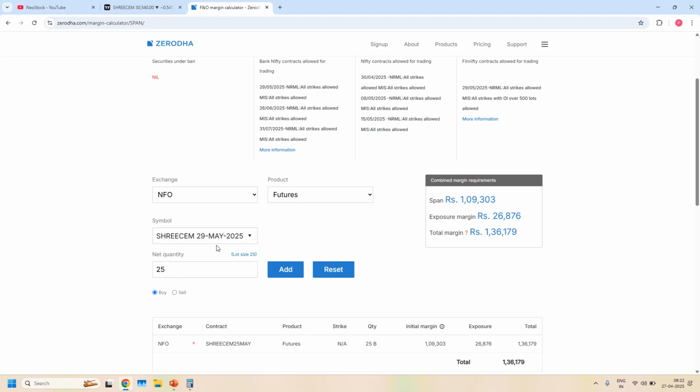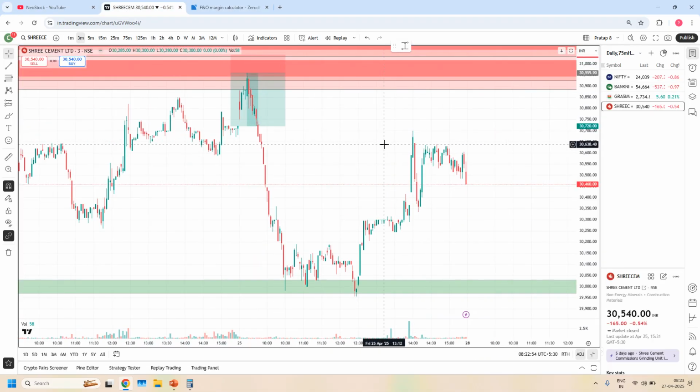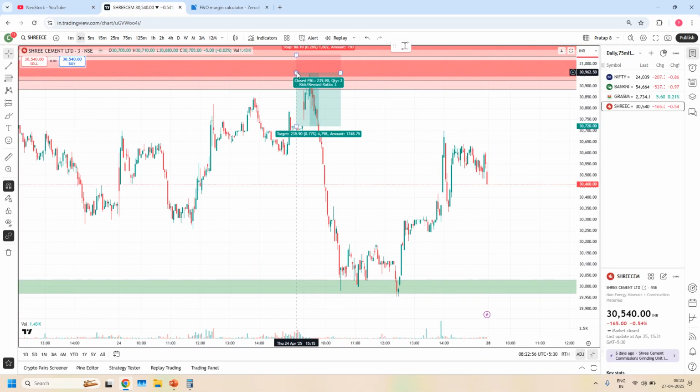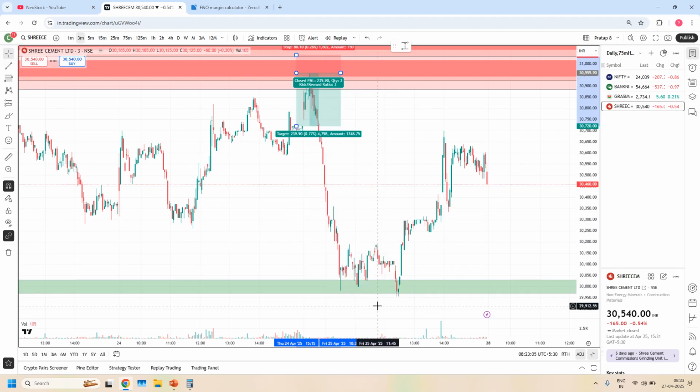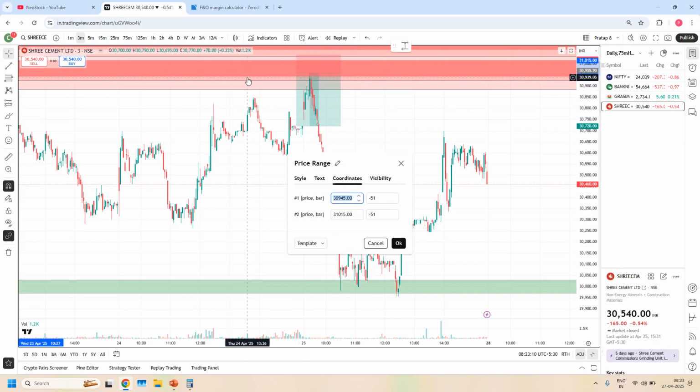Okay, now look into Shriram Cements. Same Shriram Cements. Where is the chart? This is our chart. Okay, this is our entry. What is the entry? 30,959 entry. But what is the actual entry supposed to be? The type 2 proximal.